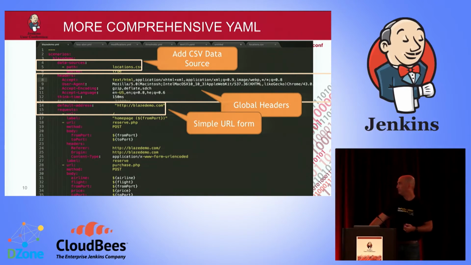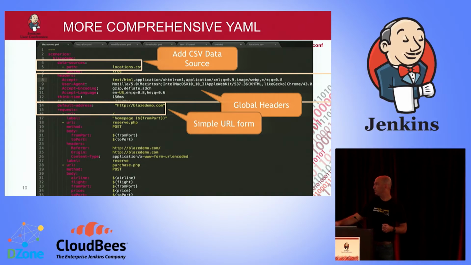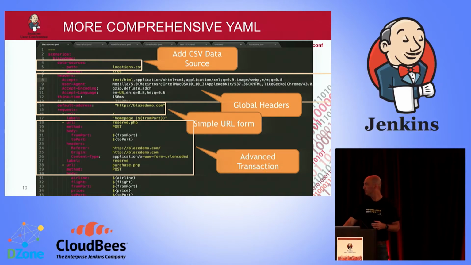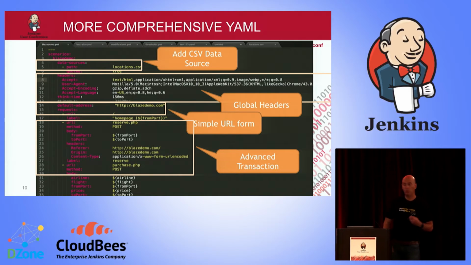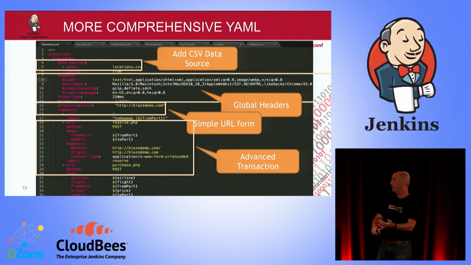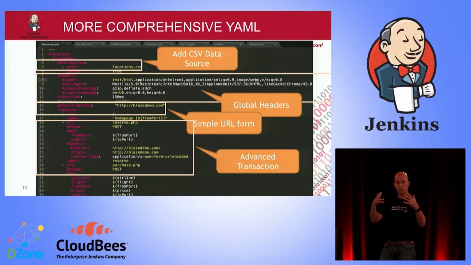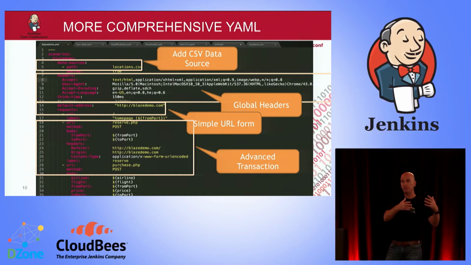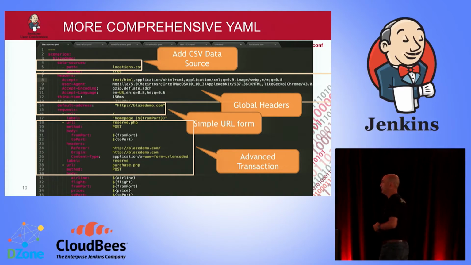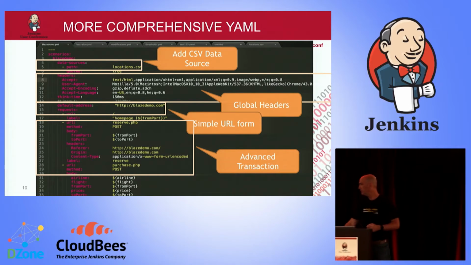I showed this example in the hello world, so it can be as easy as simply the URL, or more complicated. I want the body, I want the method, and I want the request header. Everything you need to build an HTTP request is accessible to you using the simple YAML format.